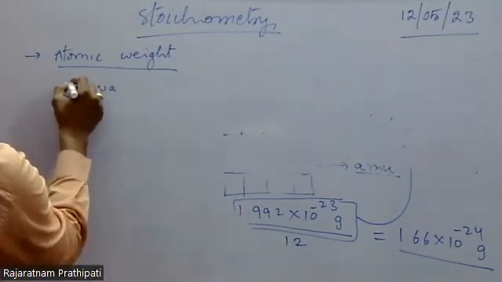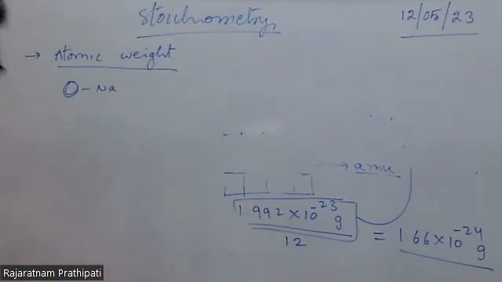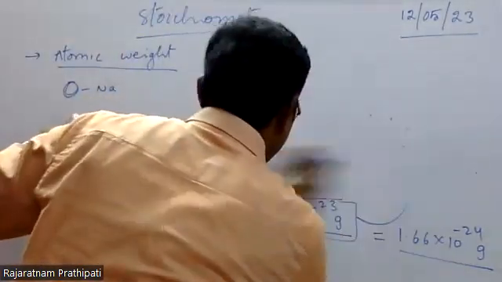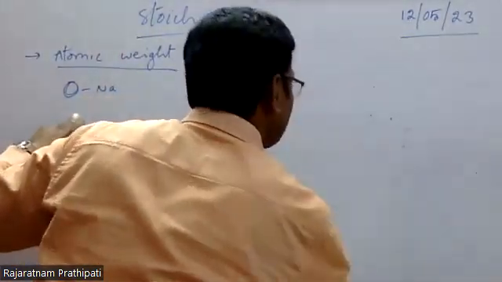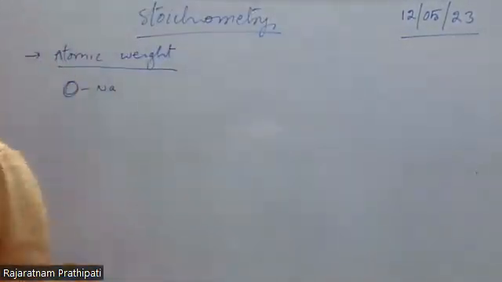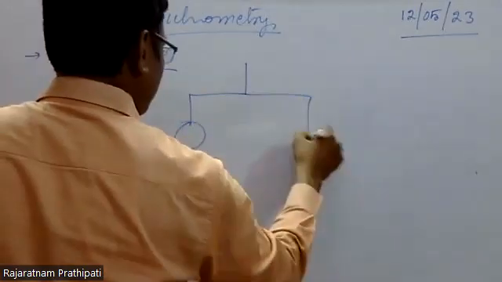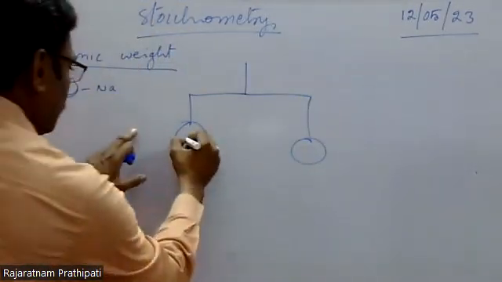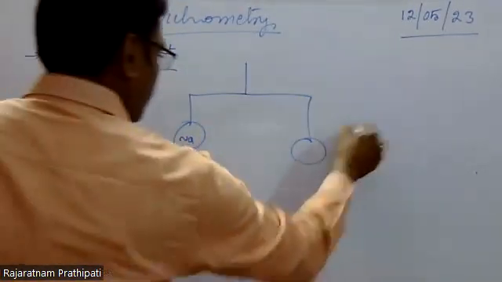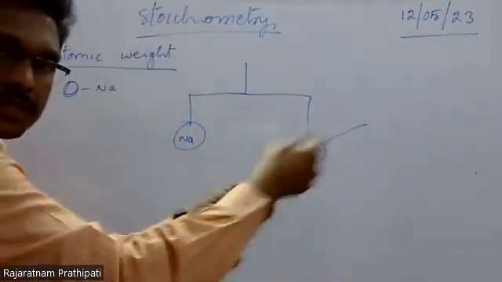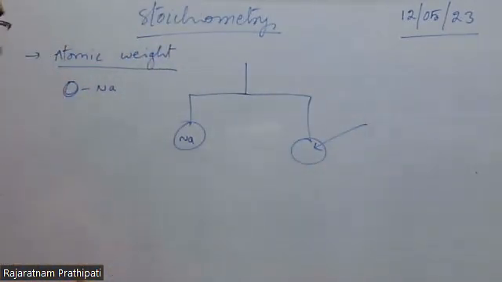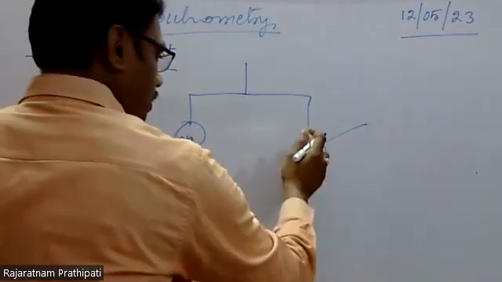If you want to know the atomic weight of sodium, here this is a simple balance. Here the sodium atom is taken, and on the other side weights are placed, just like 1 kg, 2 kg.